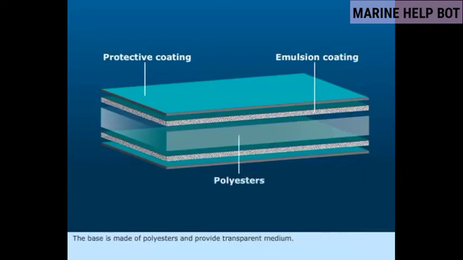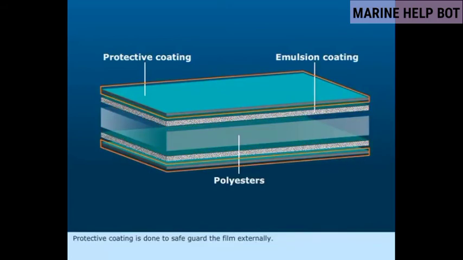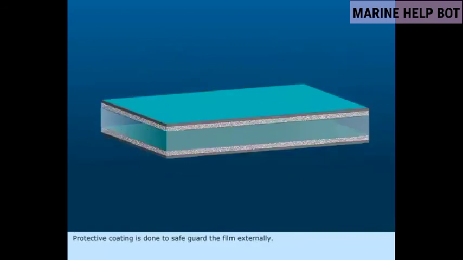The base is made of polyester and provides a transparent medium. The emulsion is a suspension of silver salts in gelatin. The emulsion coating increases the quantity of radiation absorbed. The protective coating is done to safeguard the film externally.